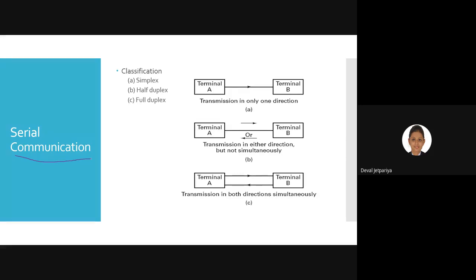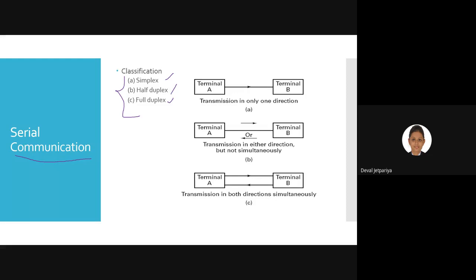Whenever we need communication between two devices, there are three types of communication we can place. You might have learned this in your computer network subject, a very simple topic. Three types of communication: simplex, half duplex, and full duplex.